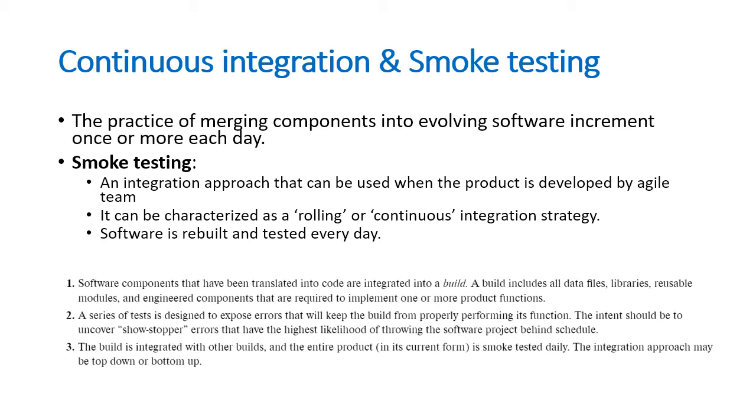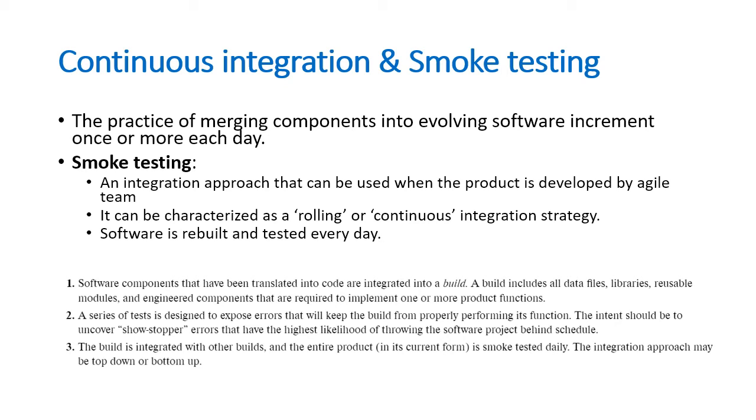Software is built and rebuilt every day. What happens is software components that have been translated into code are integrated into a build. So the build includes all the data files, libraries, reusable modules, and engineered components that are required to implement one or more product functions.